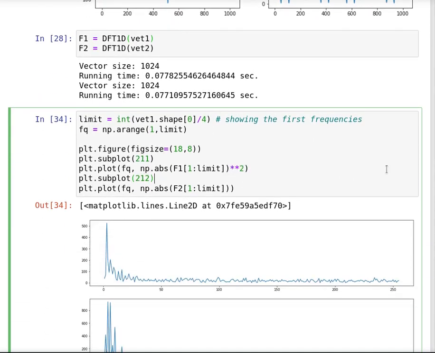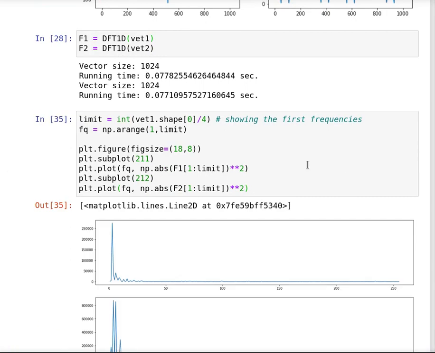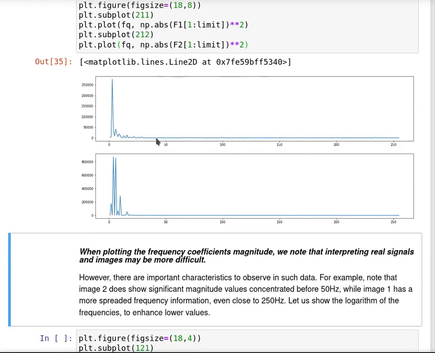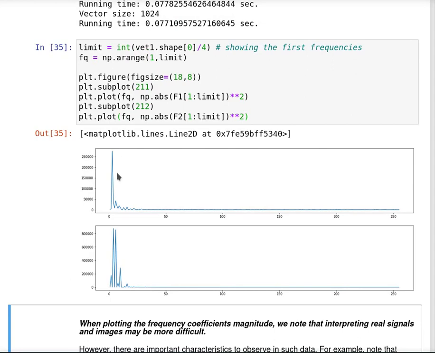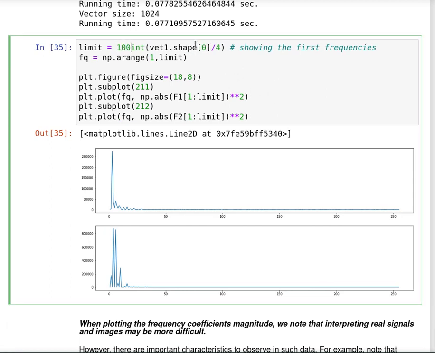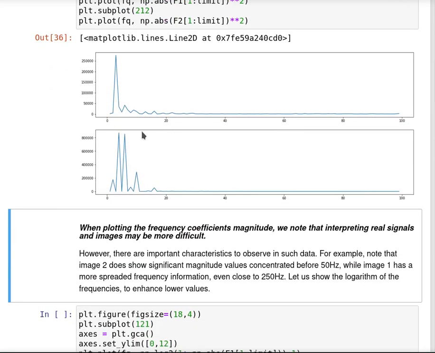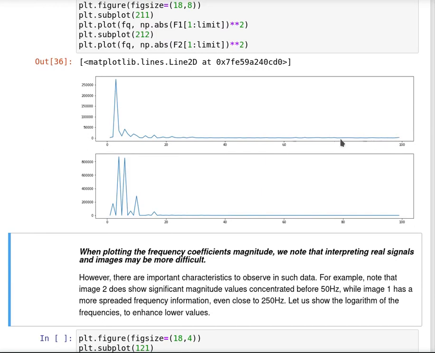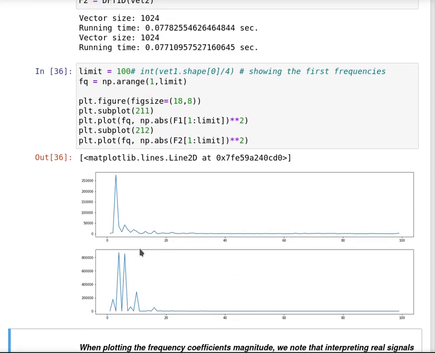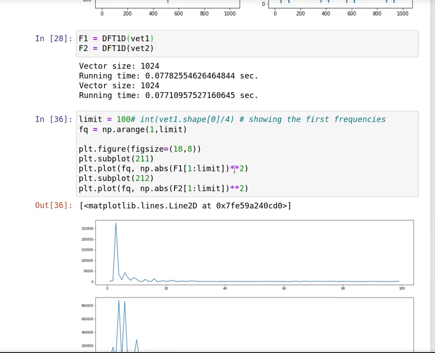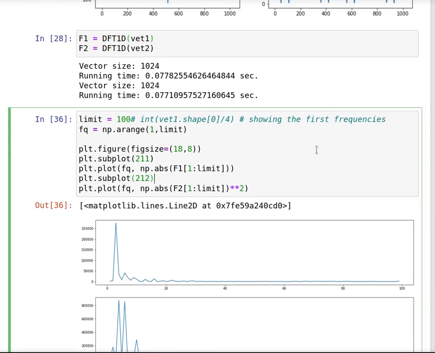I was going to show not only the absolute value. Let me see if I can show the square of that. Usually we do that: we square the absolute value to show what we know as the power spectrum. And then we can see here that one function has more spread-out intensity values.